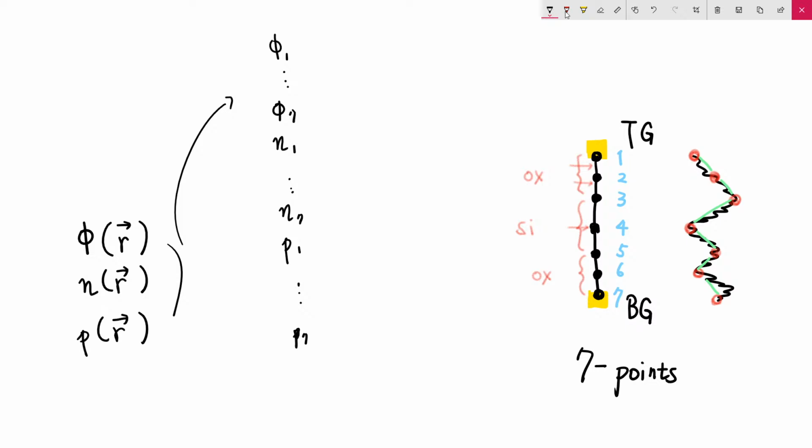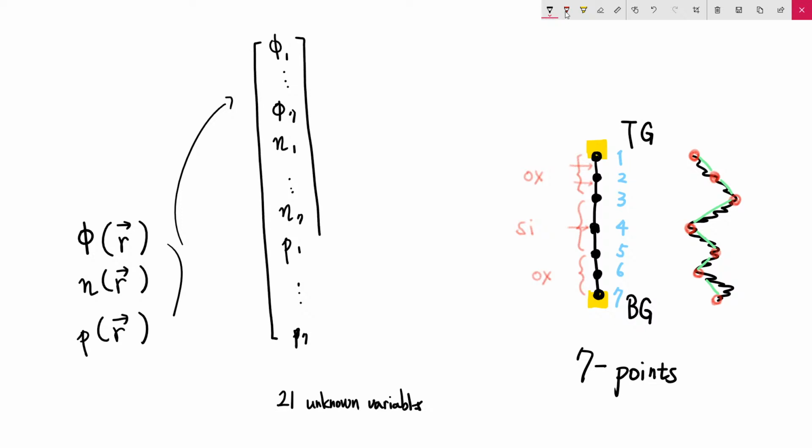Then you will need 21 unknown variables, and let's say you just concatenate them and make a vector whose size is 21 by 1.